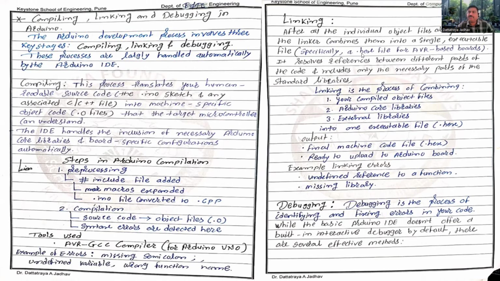So there are n number of .o files created by the compiler, and we need to link all those object files into a single file for execution purposes. That file is called a .hex file for the AVR-based board. It resolves the references between the different parts of the code and includes only the necessary parts of the standard library.